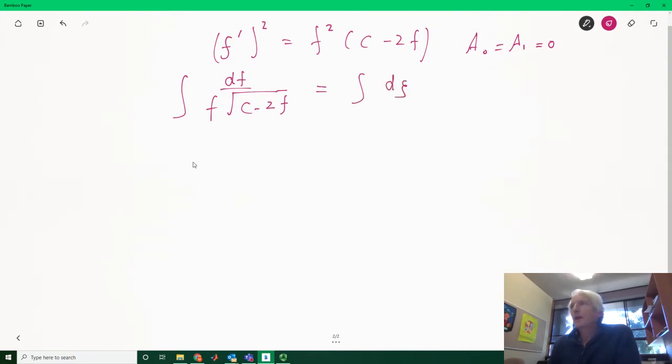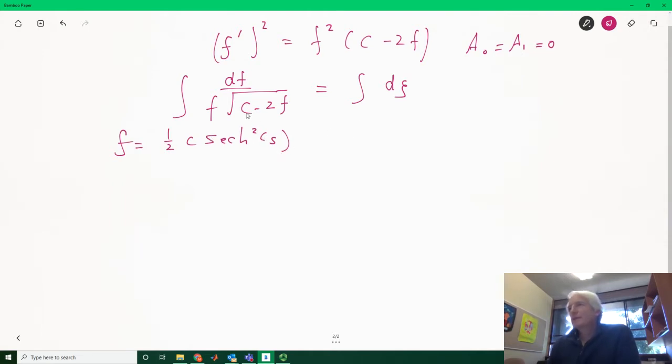Now we've got to do some integration on that. You could type this into Maple or Wolfram Alpha, and they probably know how to do it. So the substitution is that we substitute f is equal to a half c sec squared of s. Alright, so what does that mean?